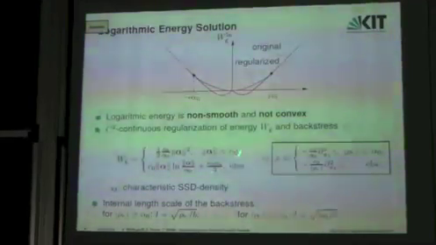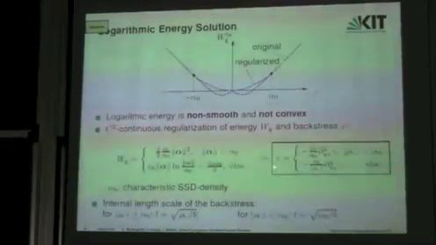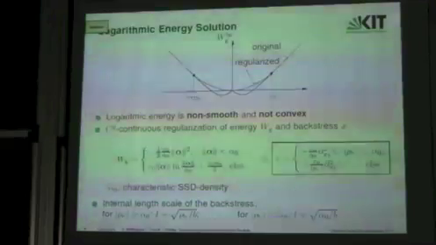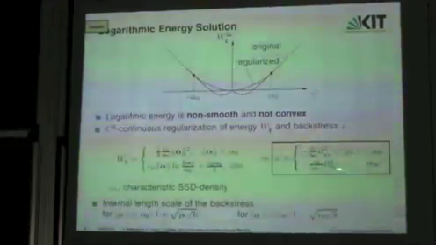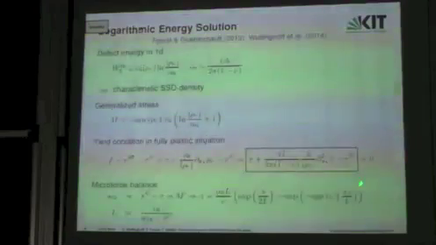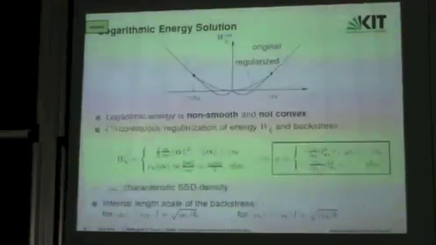So let's have a look. If you take then this regularized energy, the back stress is given here. Now, if the GND density is larger than the characteristic SSD density, then we are here, and you get the back stress which I just showed here.